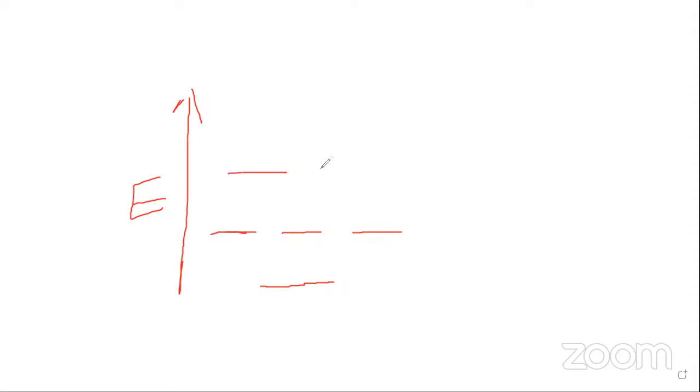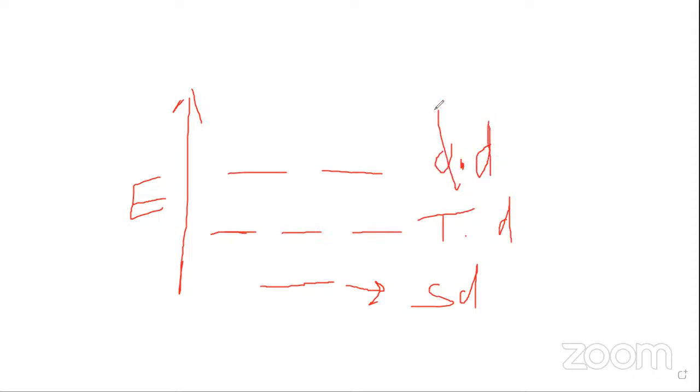For example, two energy levels are there, and these two energy levels have the same energy. This is called degeneracy. This is singly degenerate. SD means singly degenerate. Here three have the same energy, that is triply degenerate. Here two have the same energy, that is doubly degenerate. So degeneracy is nothing but energy levels having the same energy.